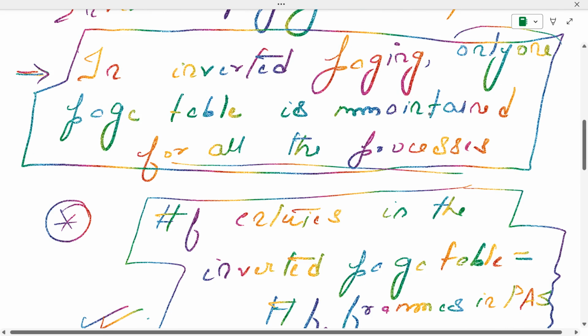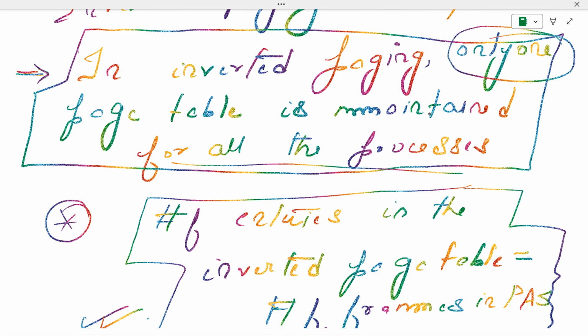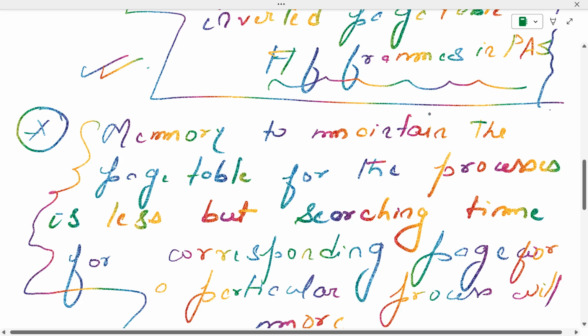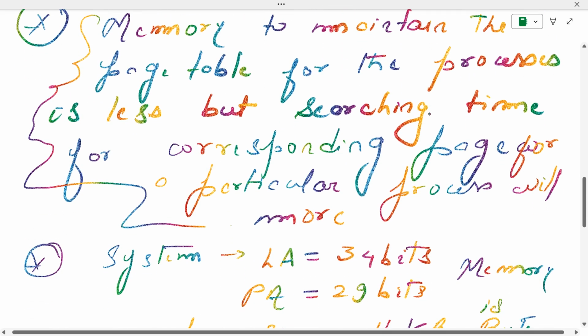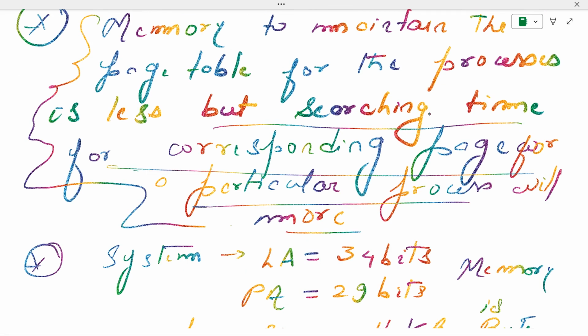Just one page table we will be maintaining for all the processes. But there is a side effect of using an inverted page table, that the searching time for the corresponding page for a particular process will be more. So this is one point that we need to think about in this case.